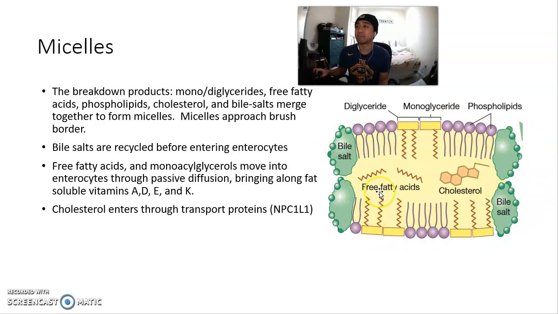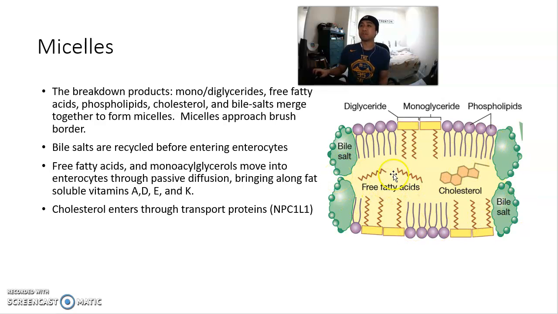Now, as the micelle travels towards the brush border, or the enterocytes of the small intestine, these bile salts on the outside will actually be recycled. Actually, most of them, I think about 80 to 90% of these bile salts, will be recycled for future use.